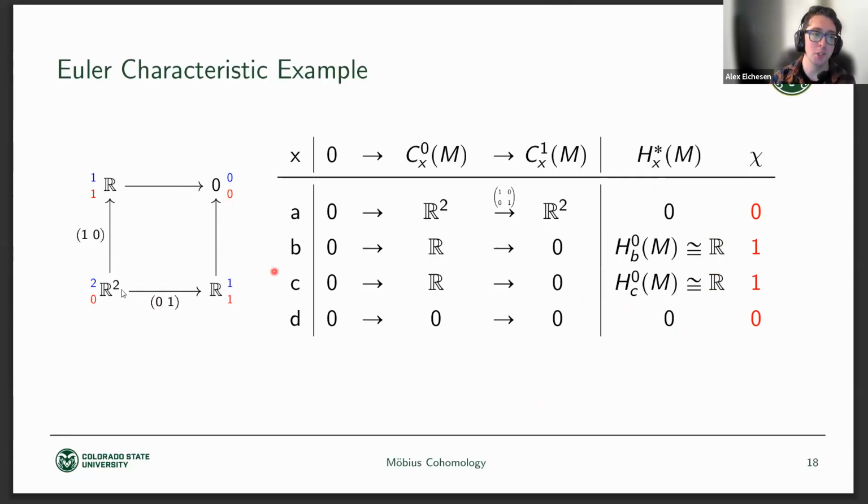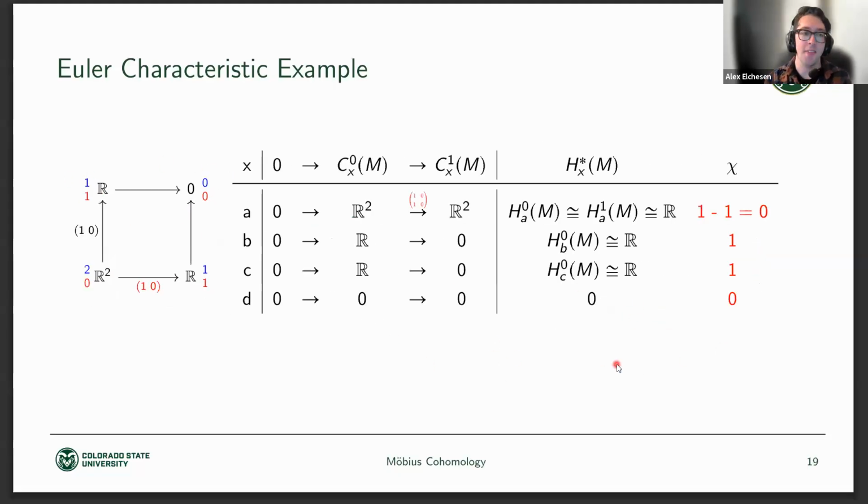So remember the blue numbers were the dimension function, and then the red numbers are the Möbius inversion of the dimension function. So, okay, Euler characteristic of 0 is 0. So that corresponds to the 0 at A. Euler characteristic of just one copy of R in degree 0 is 1. Same thing at C. So that gives me these 1s at B and C. And then Euler characteristic of 0 is 0.